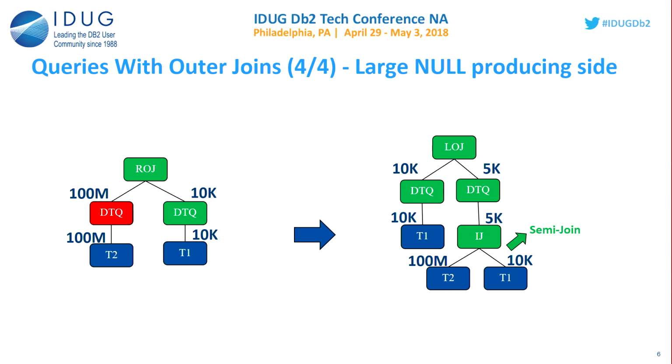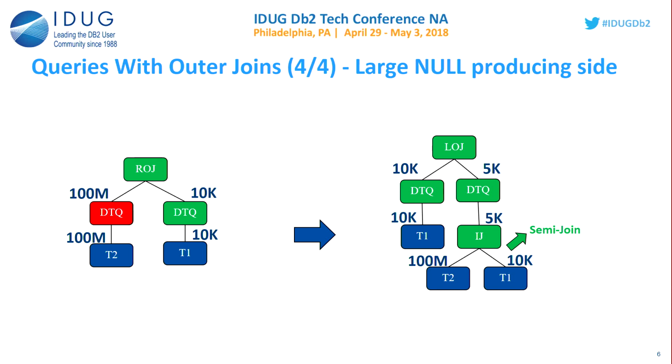This is a DPF environment, so you can see some table queues, which are the mechanism we use to move data from one partition to another. And you can see that by the time we do the outer join, we have 100 million rows moved across the DPF, the MPP complex, and then the outer join done.